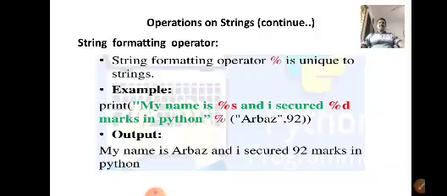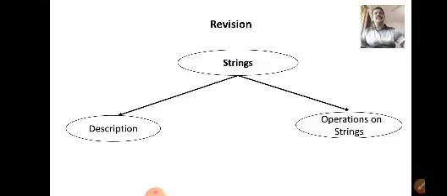Percentage D represents an integer number, here 92. So the output is: my name is, and I secured 92 marks in Python. Formatting specifiers represent the equivalent data type: percentage S for string, percentage D for integer numbers. This is a Python program that uses format specifiers.